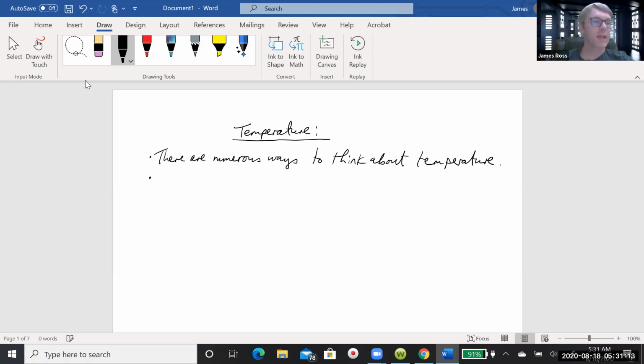According to kinetic molecular theory, each degree of freedom has an energy of kT over 2, where k is Boltzmann's constant.